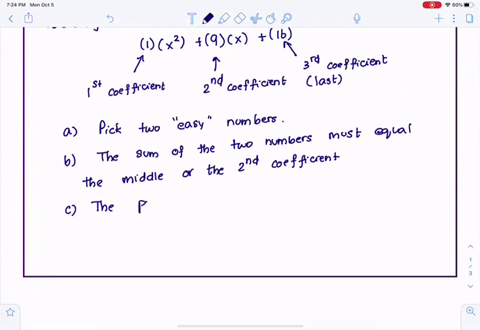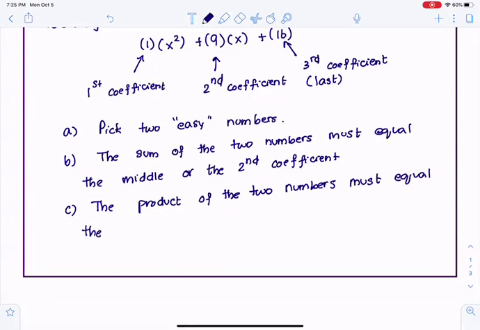The product of the two numbers must equal the product of the first and last coefficient.